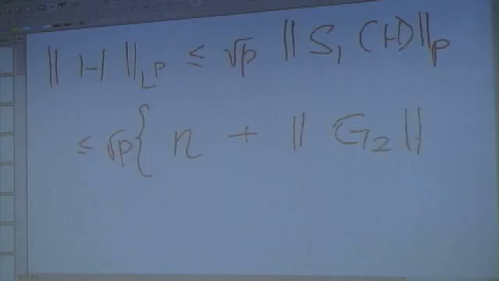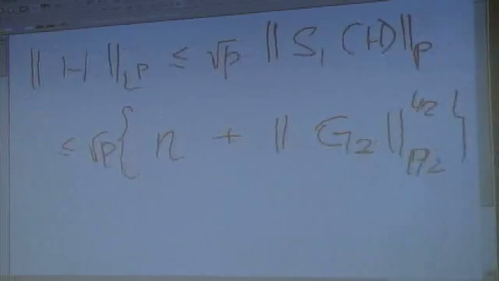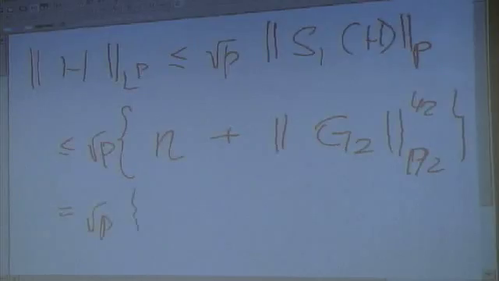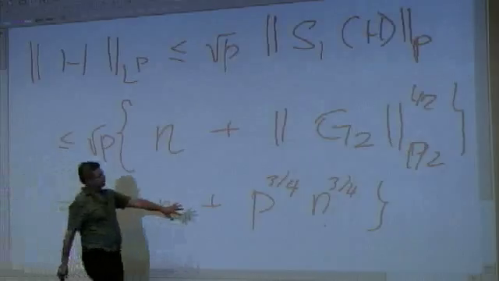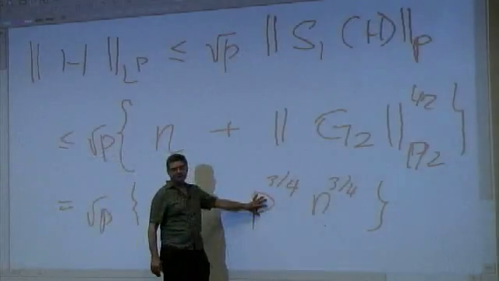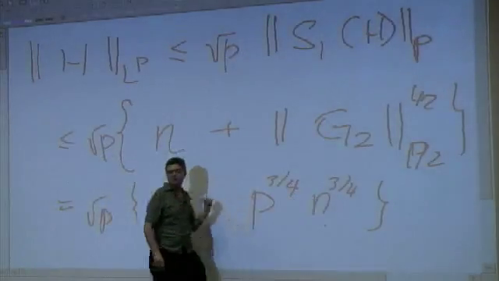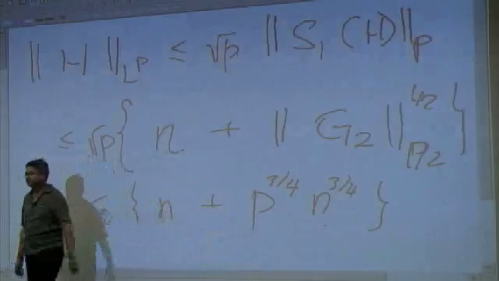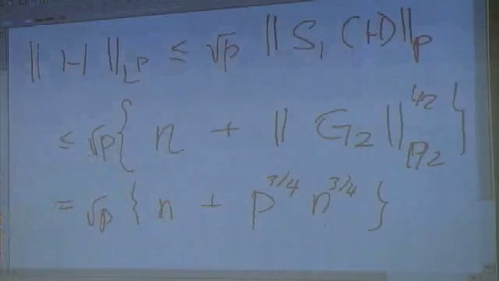It's where you have the alignment in one coordinate and one coordinate only, to the p over 2 to the 1/2. So now you get square root of p n plus p to the 3/4 n to the 3/4. And so if p is at most n to the 1/3, this term is smaller than that. So there's the argument.